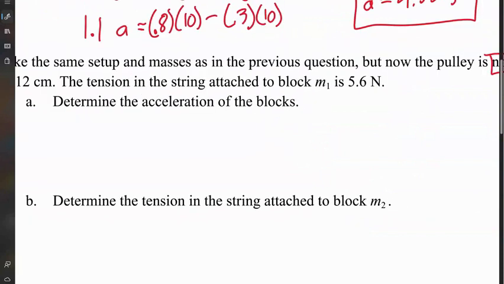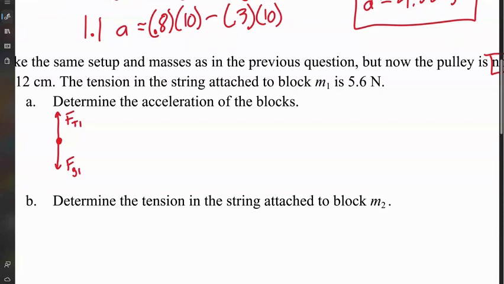Okay, now let's look over here. Determine the acceleration of the blocks. Well, we know mass 1 has Fg1 weighing down on it and Ft1 pulling up. Block 2 is very similar.